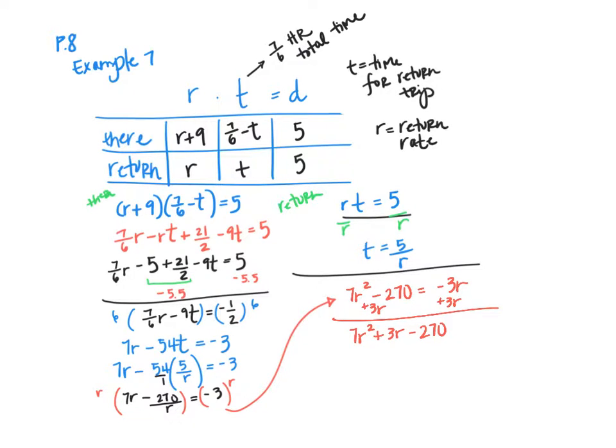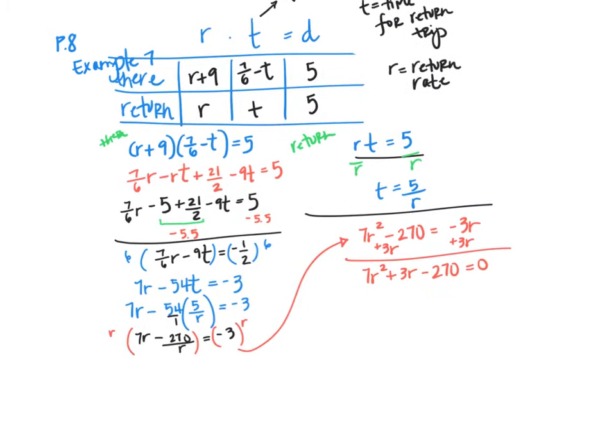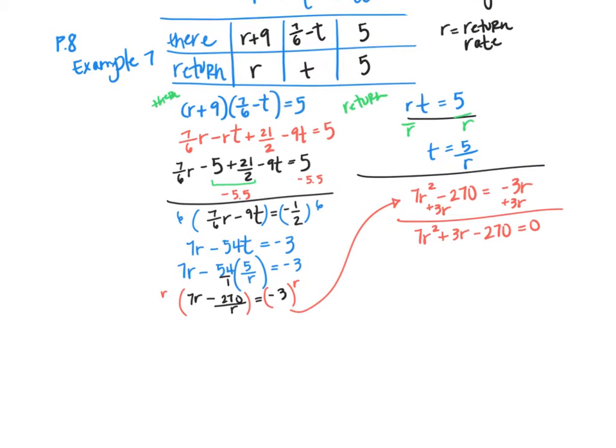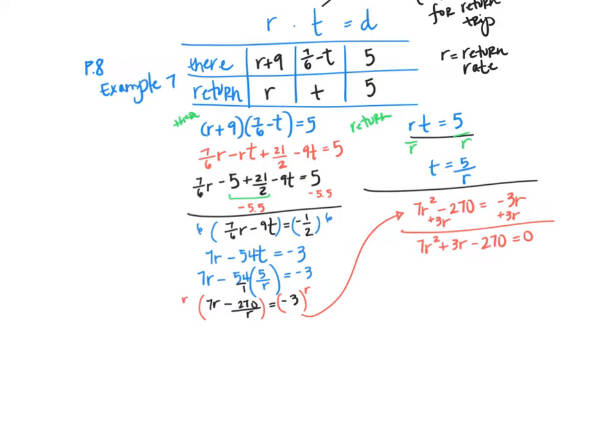So at this point, you may want to see if you can factor. Just because we haven't practiced this a ton, I'm going to go ahead and use the quadratic formula because I can use the quadratic formula on any quadratic. So my A is going to be 7, my B is 3, and my C is negative 270.